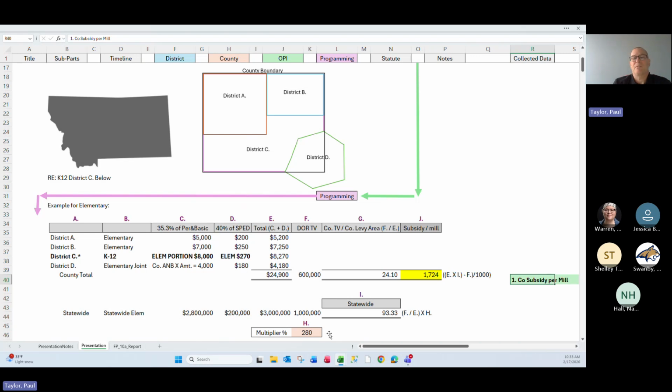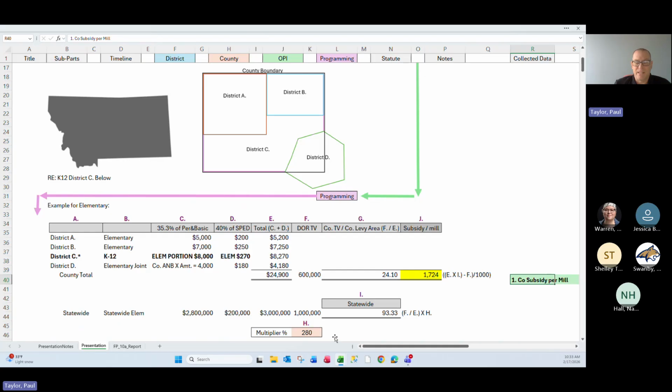H is just a number. Right now it's 280. Statute does not say 280. What statute currently says is the OPI will determine this number to generate a GTB payment to all the counties in FY 2027 that is approximately equal to the amount of GTB distributed in FY 2026 plus 3%.